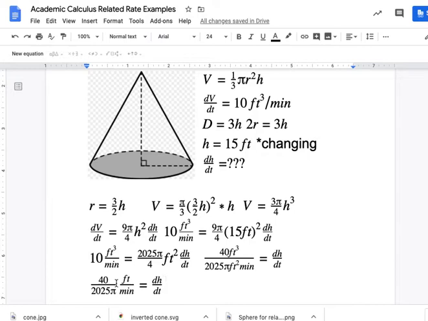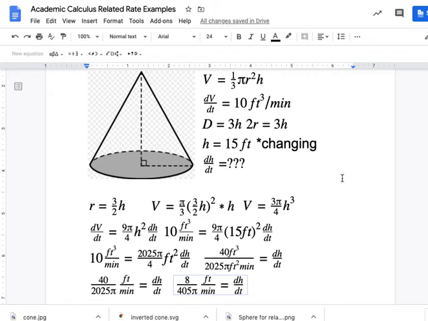That's going to leave us with 8 over 405, and I think that's as far as it's going to reduce. We'll leave it as a fraction. Fractions are always better than decimals, unless, of course, it's going to divide out perfectly and leave you with a terminating decimal. Because we have that pi in the denominator, we might as well leave it in fractional form. Units, feet per minute, equals dH dt. And that's going to be our final answer.